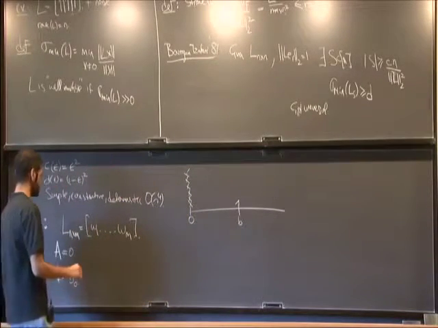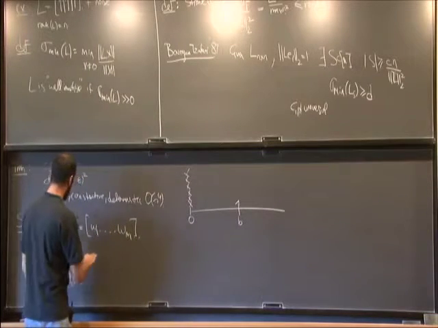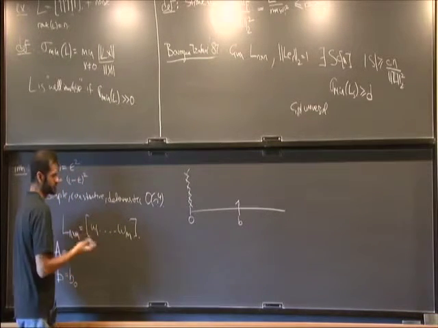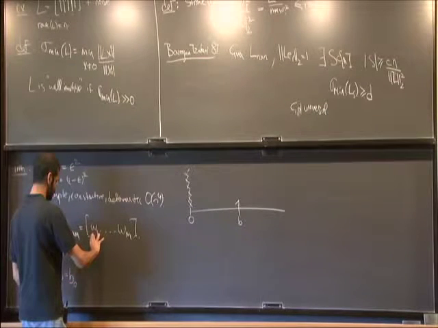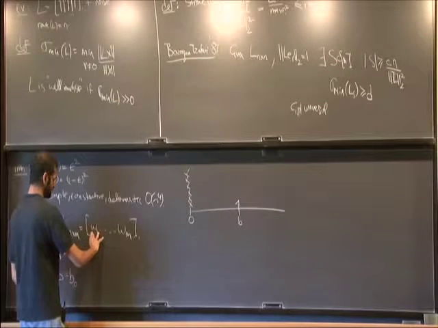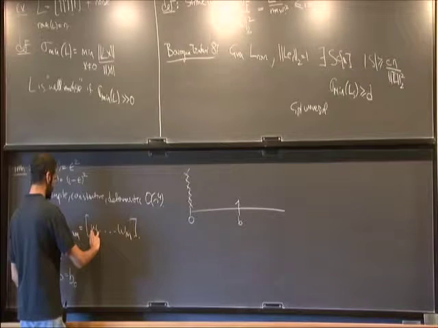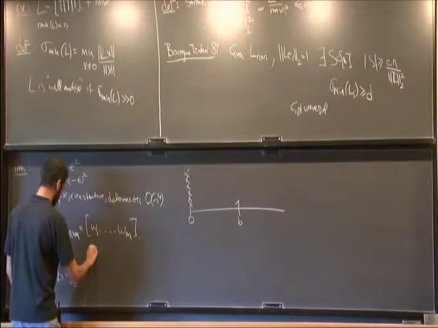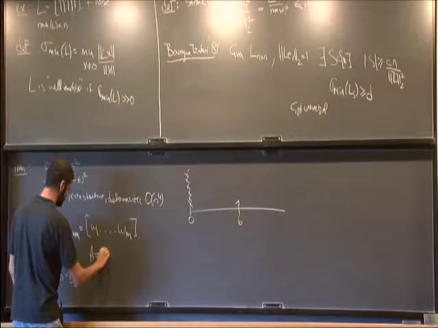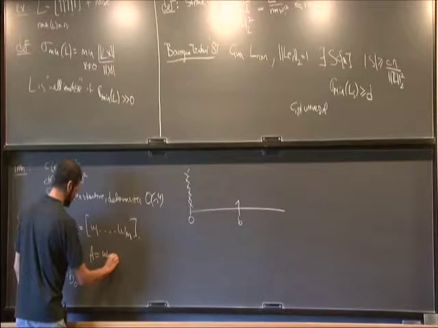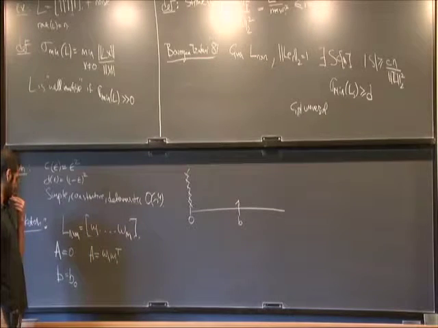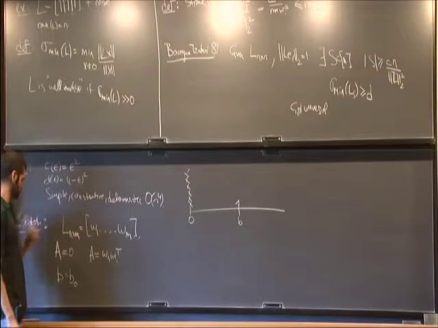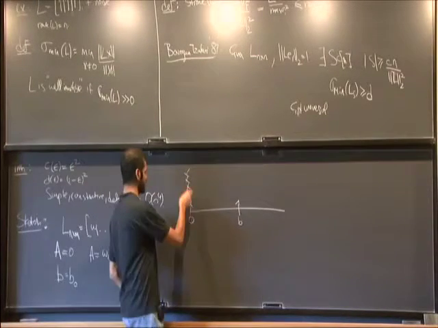What I'm going to do is take some steps, and in each step I'm going to add one of these columns. I'm going to add its outer product with itself to A. So after one step, A is going to be equal to Wi1 Wi1 transpose. Initially A was a 0 matrix.